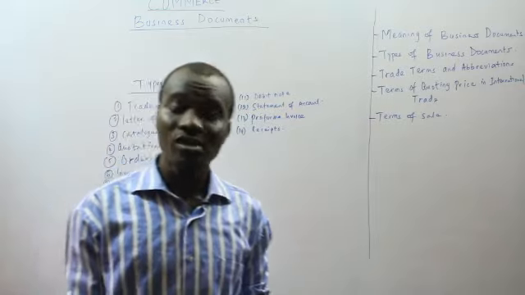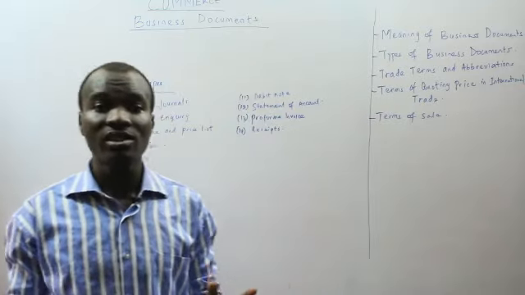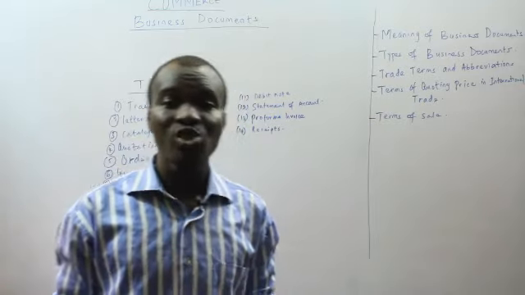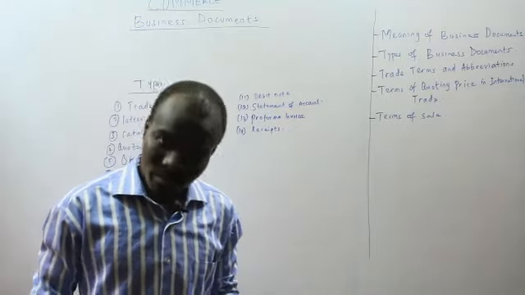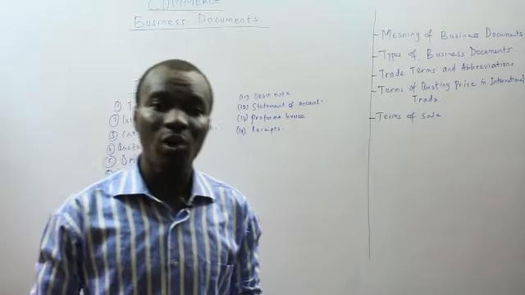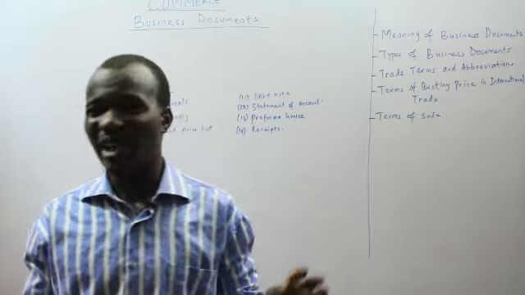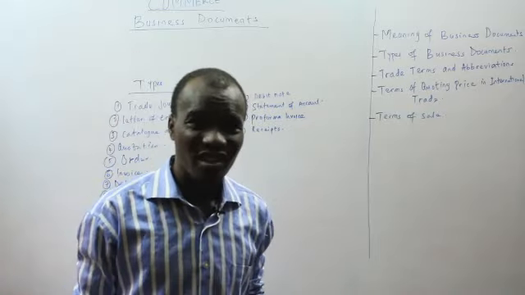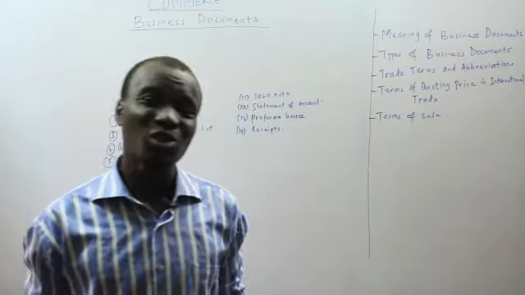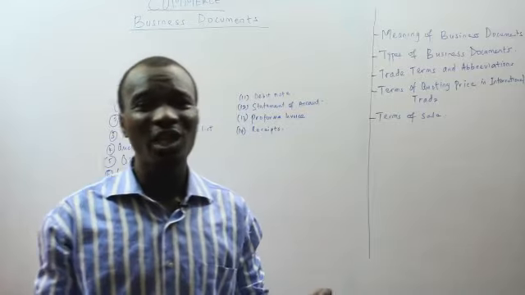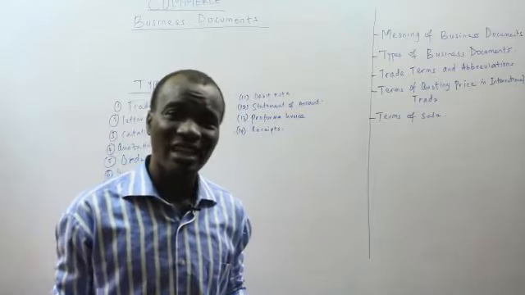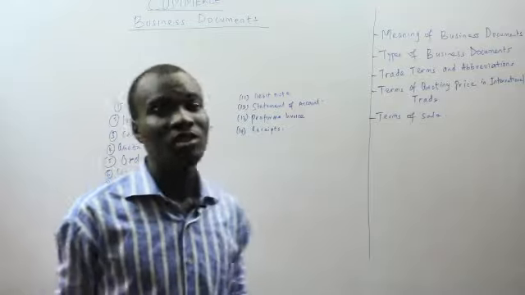It is used whenever the goods are sold on credit to the buyer. The document will show the price of the goods that are being sold on credit, the discount given, the terms of trade and all of the required information about the goods to be sold on credit to the buyer.